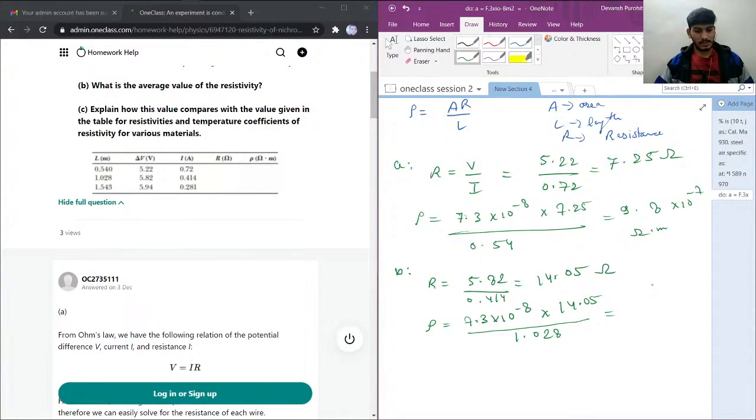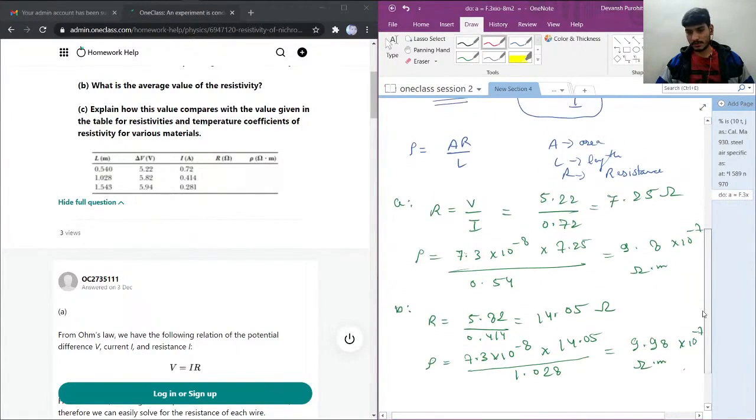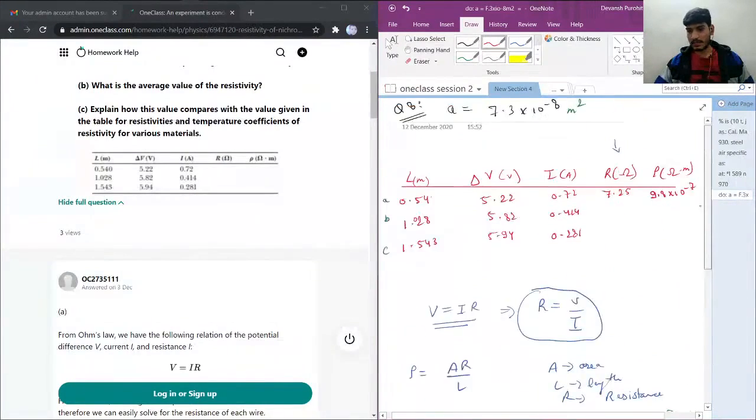So this is 9.98 into 10 power minus 7 ohm meter. I'll again copy the values there. So this is 14.05 and 9.98.